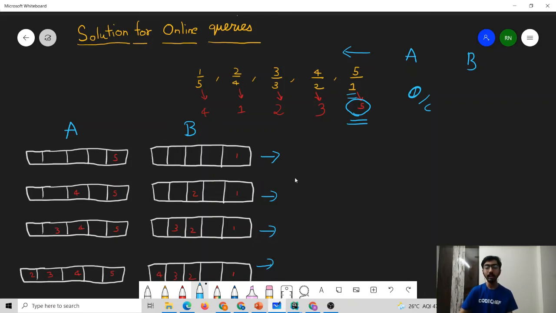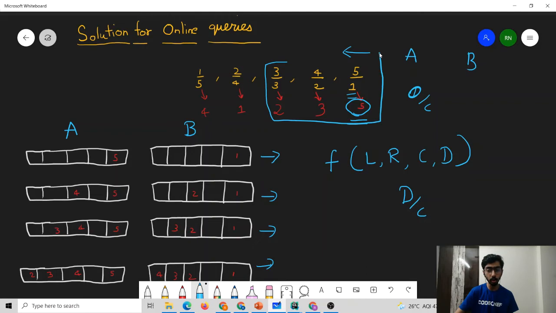Now consider that I would have to give the answer for some test case where I was given some L, some R, some C and then some D. What I can do is find the value of D by C. Then I can find the number of values that I have to consider the contribution of.